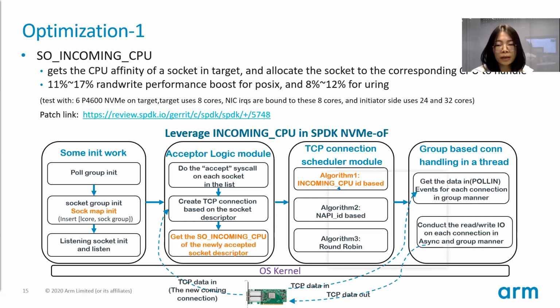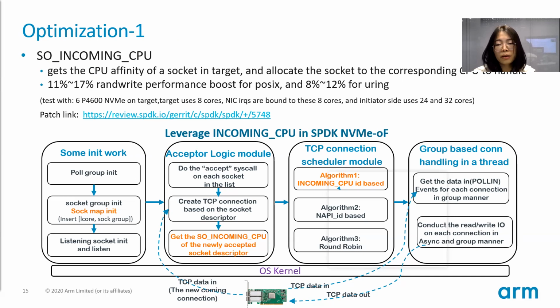This one is using the SO_INCOMING_CPU flag of POSIX sockets. We can get the CPU that is handling the data of a socket in kernel space, and then assign the following handling of this socket in user space to the expected CPU, which can provide optimal NUMA behavior and keep the CPU caches hot.